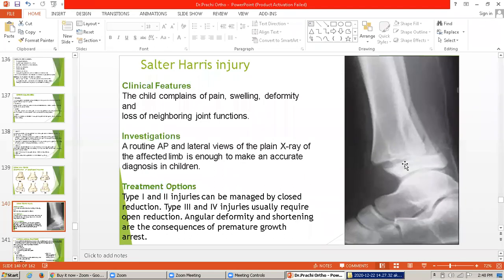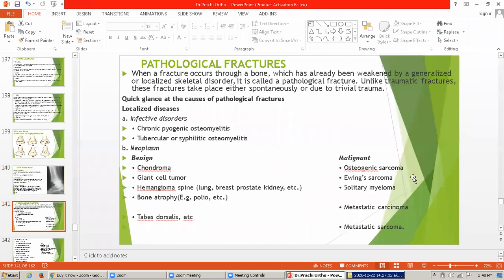So, for these Salter and Harris injuries, type 1 and type 2 injuries can be managed by closed reduction, and type 3 and 4 injuries require open reduction. Angular deformity and shortening are consequences of premature growth arrest.